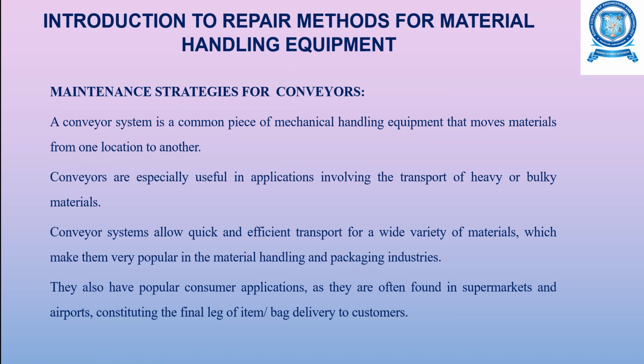And this system also allows quick and efficient transport of a wide variety of materials, which makes them very popular in the packing industries and material handling. So they have popular consumer applications. They are found in supermarkets and airports, and bag delivery to customers, etc.